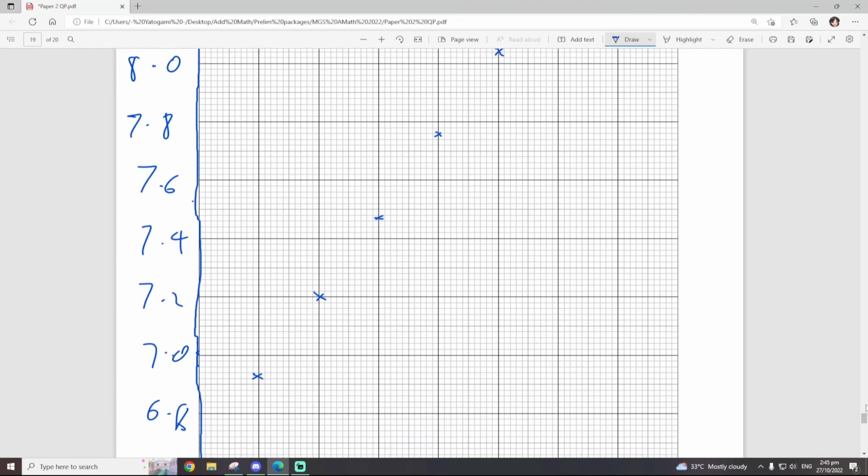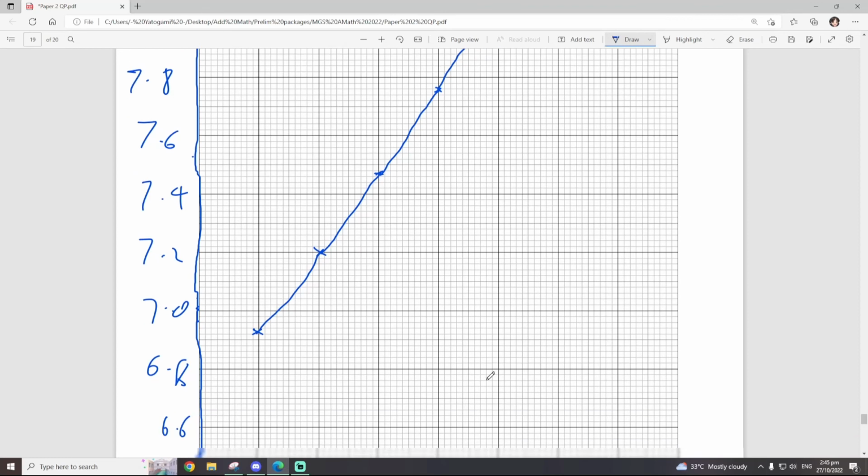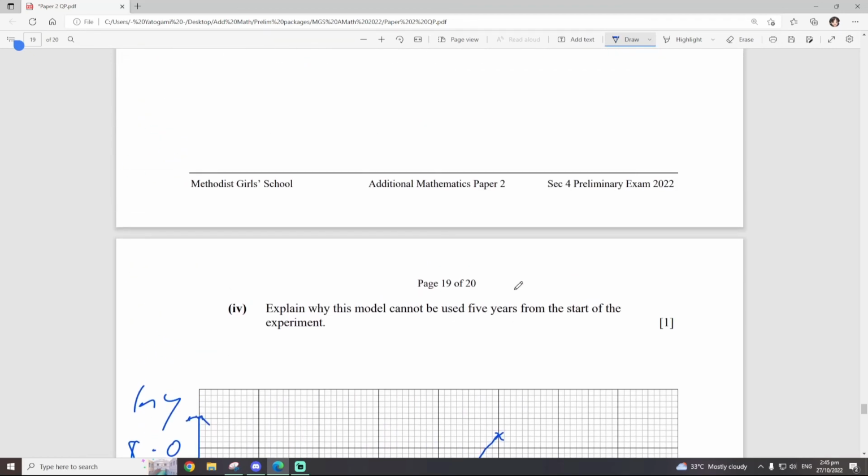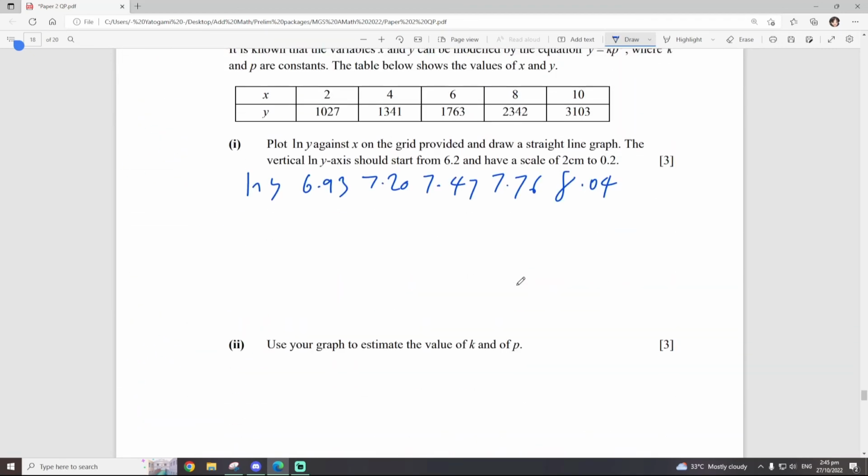Okay, slowly. Okay, get the straight line down. Now extend the line a little bit so that we get an intercept. Estimate the value of k and p.